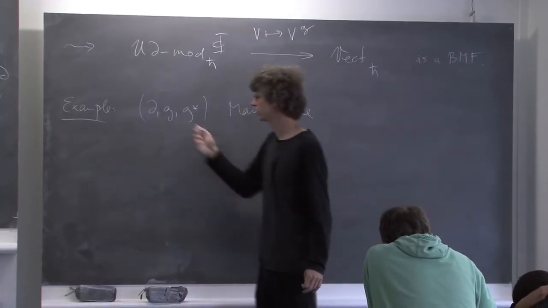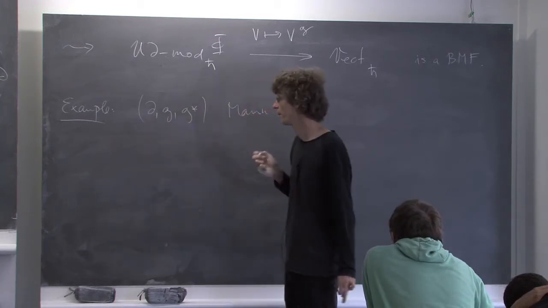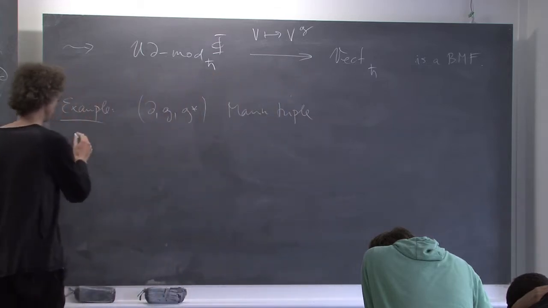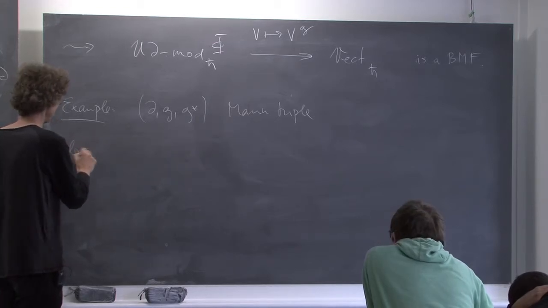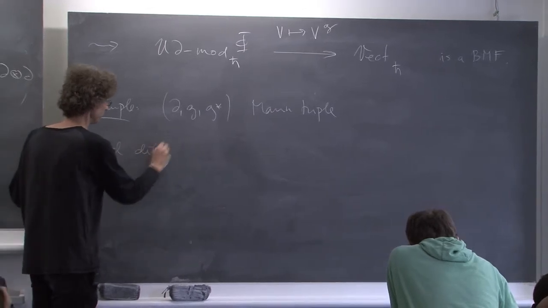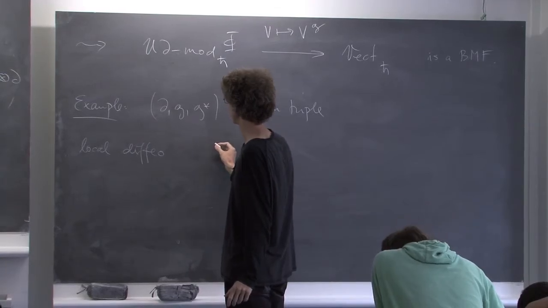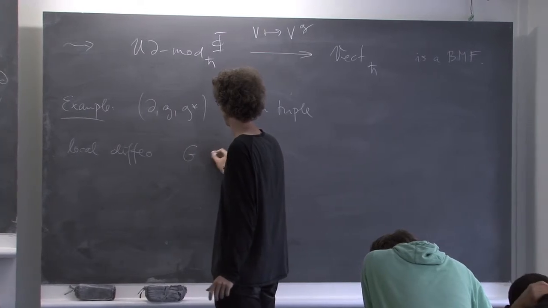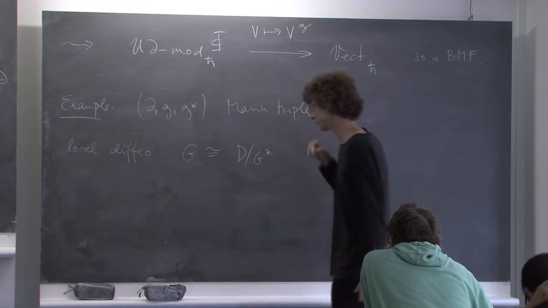Now I'm not supposing anymore that G is a closed subgroup in D. That's an artificial assumption, but let me explain it this way: we have some local diffeomorphism between G and D mod G*.